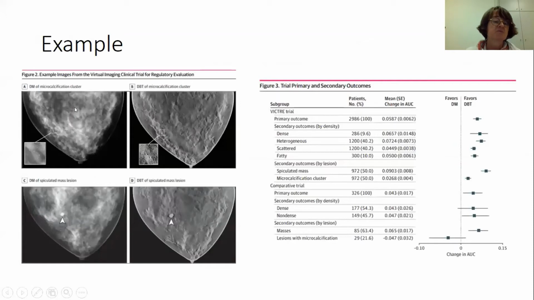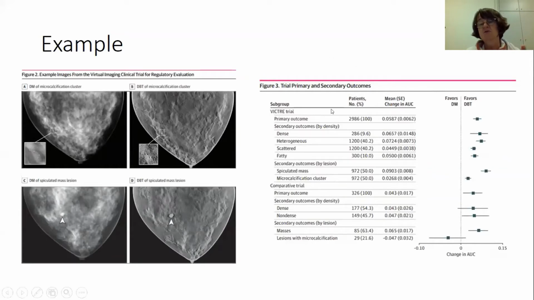They have simulated lesions into breast tomosynthesis, and you can see here an example. And they have also simulated the same lesion in a 2D acquisition. So this is the tomosynthesis, and this is the 2D. And they have then compared the detectability of the lesions as a function of different parameters. These are, by the way, simulated images of a simulated, completely virtual breast.